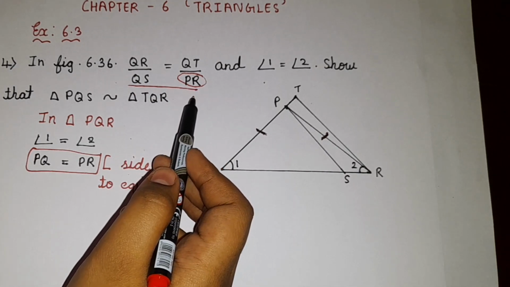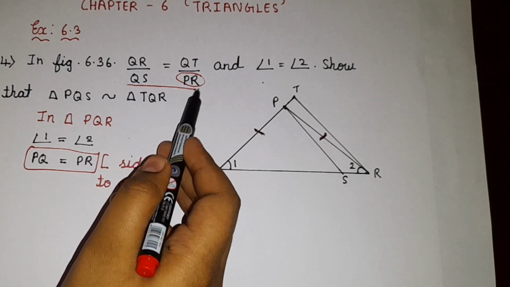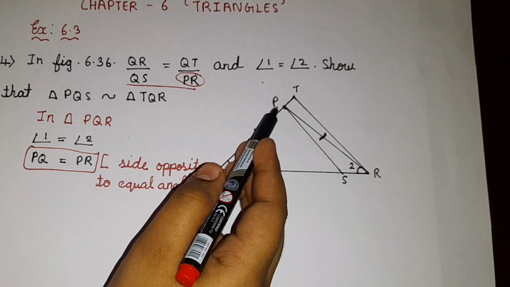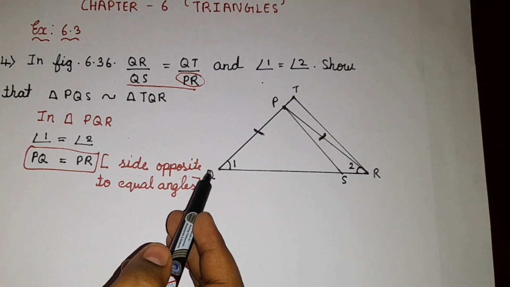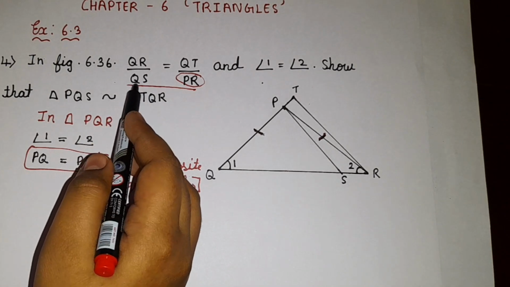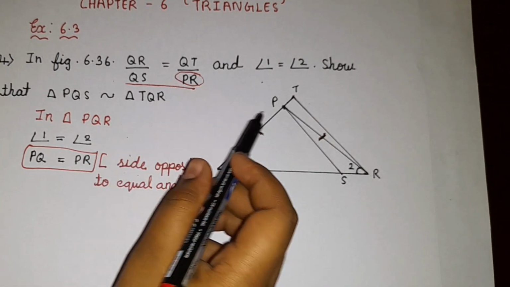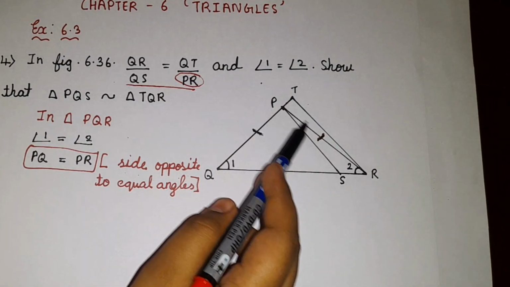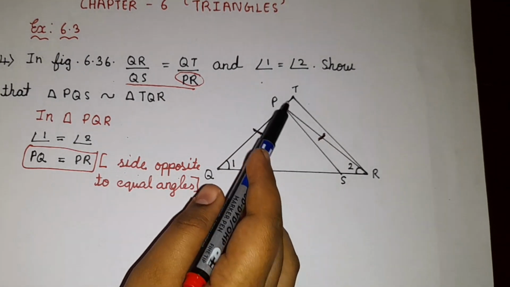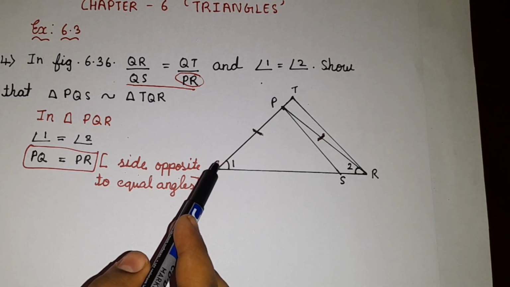Because PR is not on the same side. QR and QS are lying on the same line, and QT is right over here, but PR is somewhat far. It is not lying on the same line. That was the confusion here, am I right?